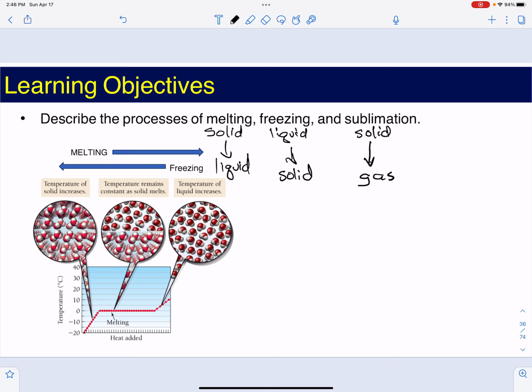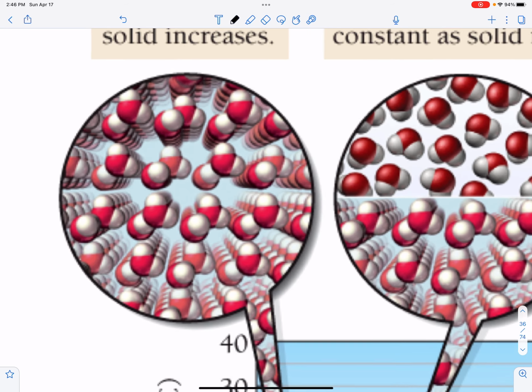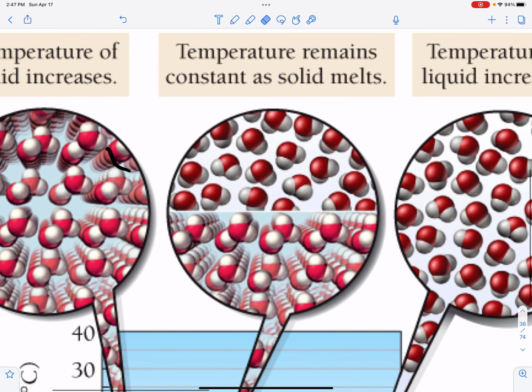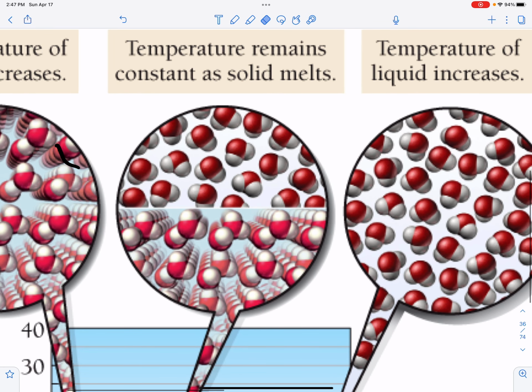Melting is going from solid to liquid. In terms of the particles, on the ice, the particles are neatly arranged. They follow a pattern, and you can observe that pattern happening everywhere. So on melting, you're going to have the particles neatly arranged going into a state where they are more disorganized.